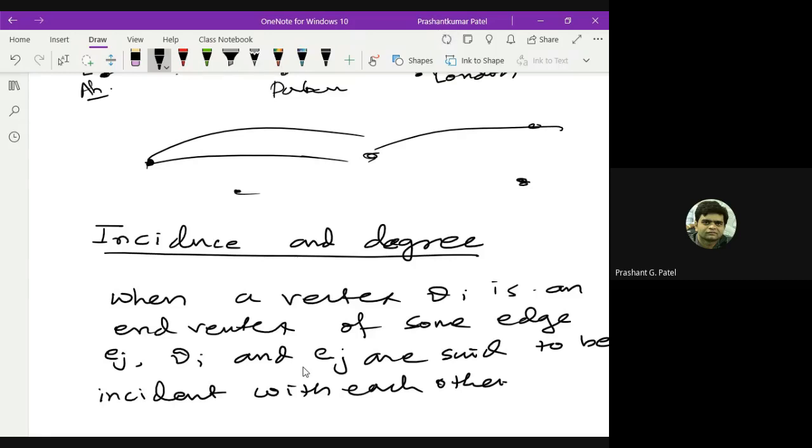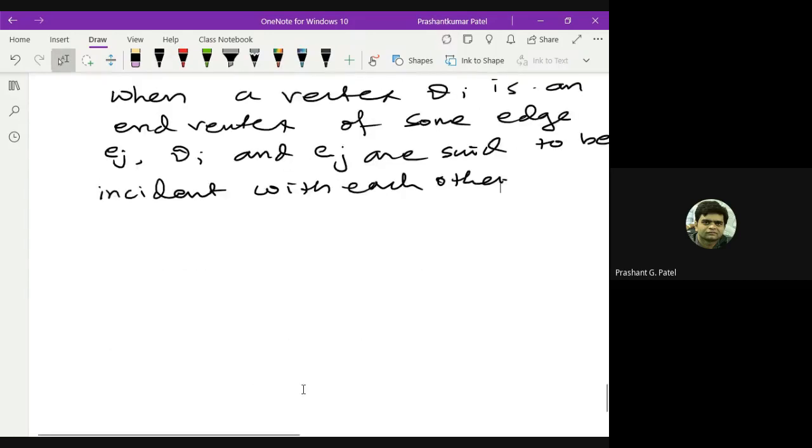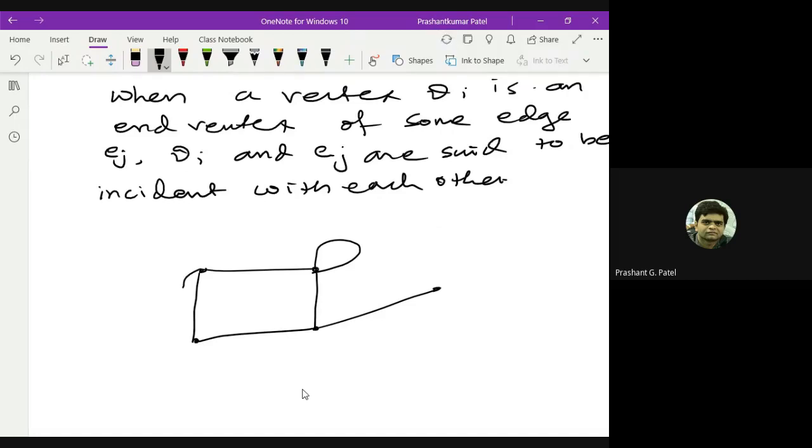Okay, so for example, if I draw this as a graph, there are V1, V2, V3, V4 and V5 vertices, and E1, E2, E3, E4, E5, E6 and E7.